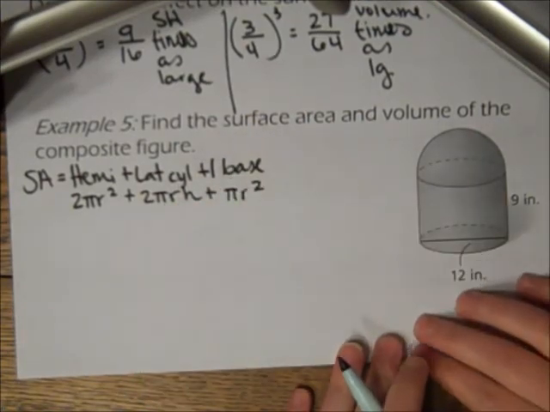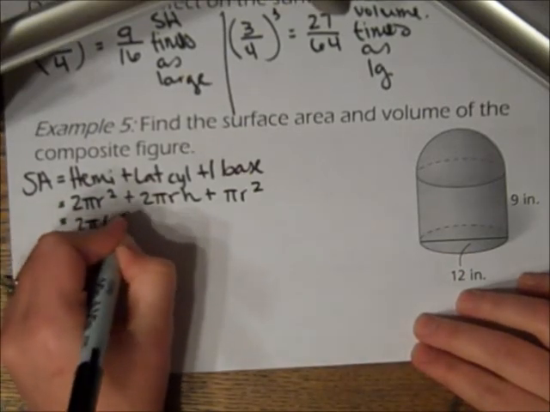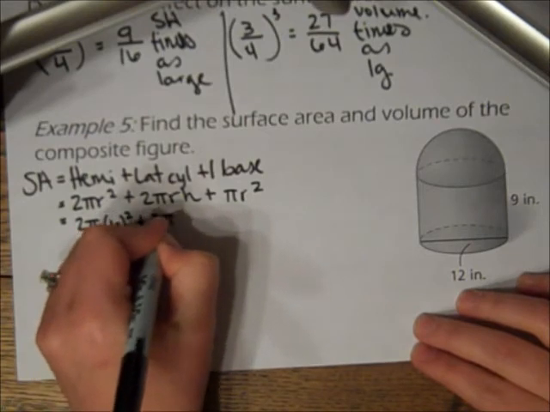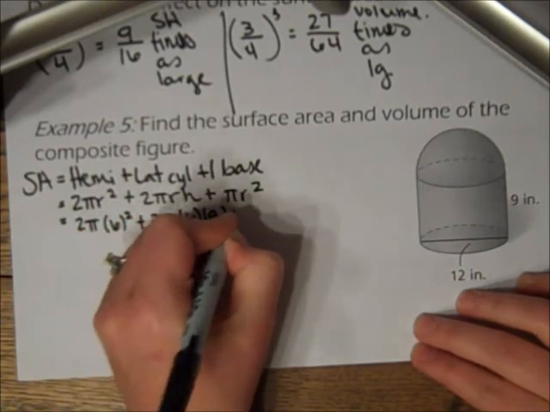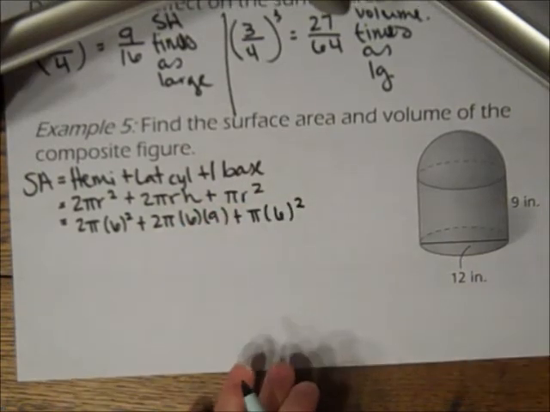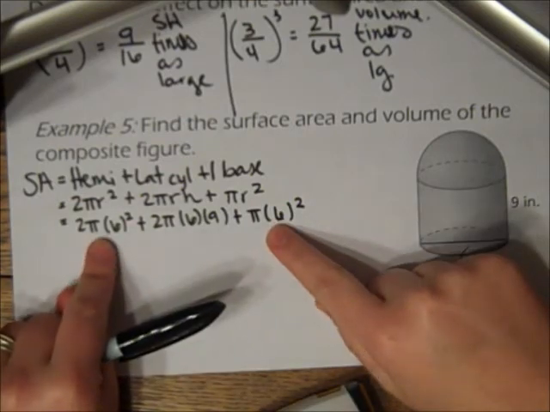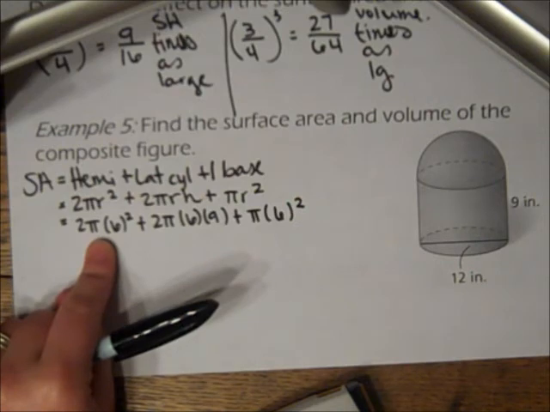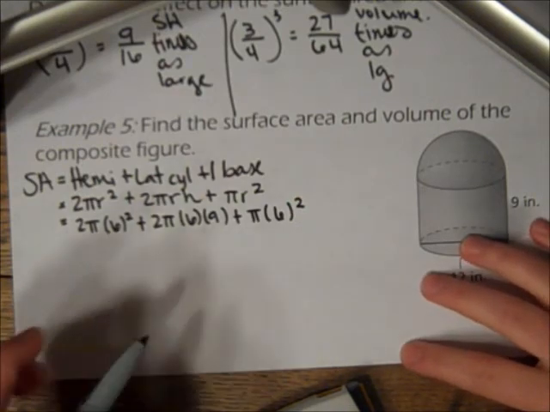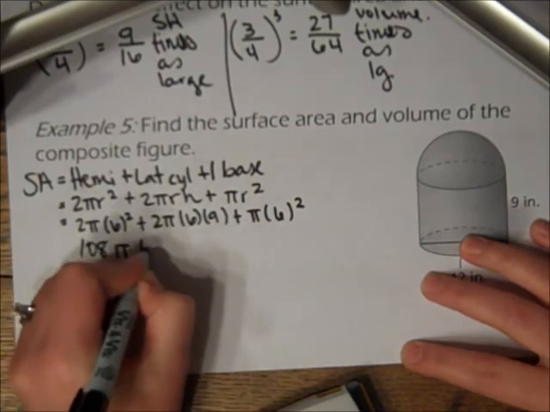Okay, now it's just a matter of plugging in. So 2 pi times 6 squared plus 2 pi times 6 times 9 plus pi times 6 squared. If you look at combining like terms, this is going to be 3 times 6 squared, which is going to be 108 pi, this one and that one.